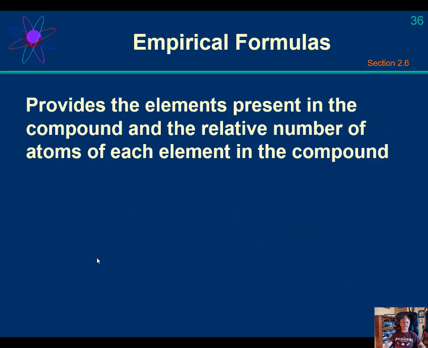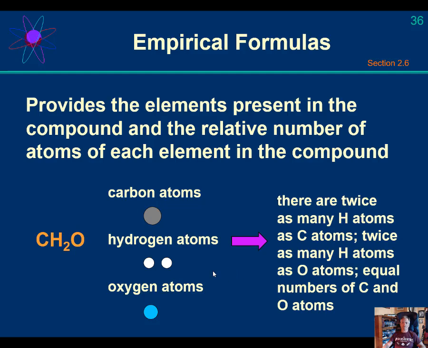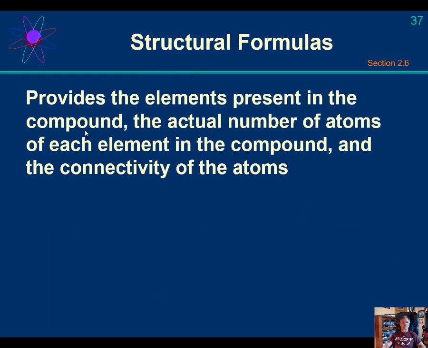That's how we got the empirical formula. So it just gives you this information. It's a 1 to 2 to 1 ratio, carbon to hydrogen to oxygen. So that is not a lot of information, but sometimes it's enough to derive the molecular formula based on your experiment.